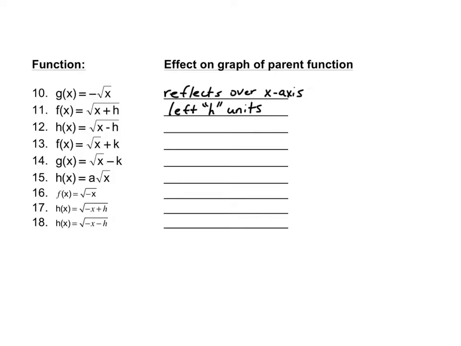And if it's minus h, it shifts our whole graph right h units. When there's a plus k outside that's not under the radical, it's up k units. And the minus k outside shifts our graph down k units.